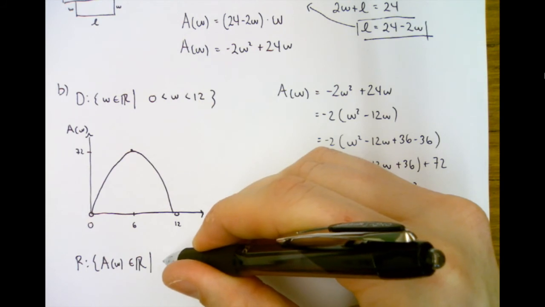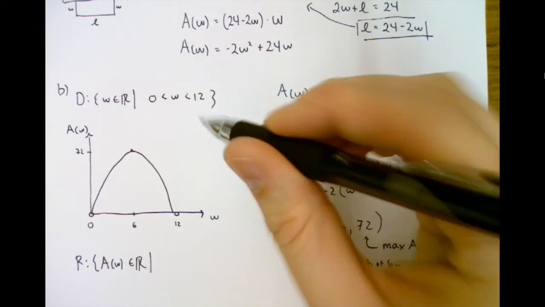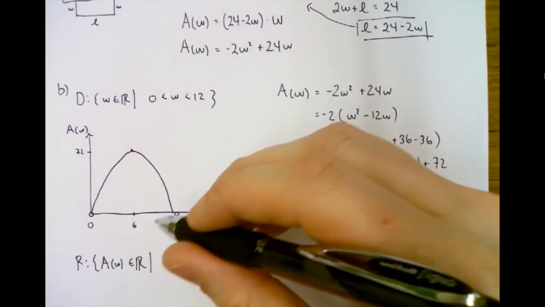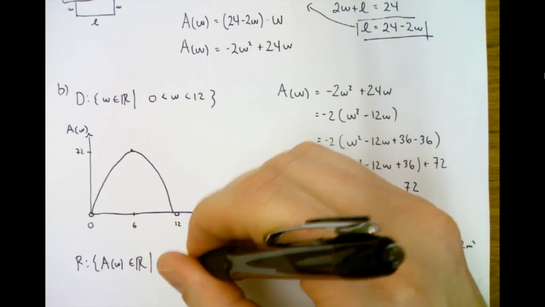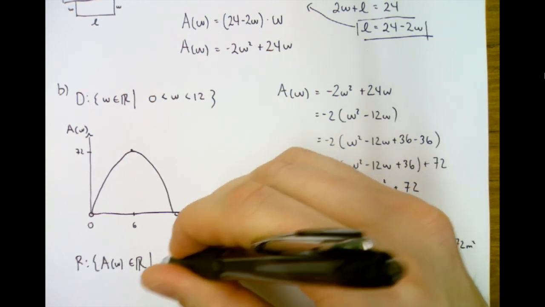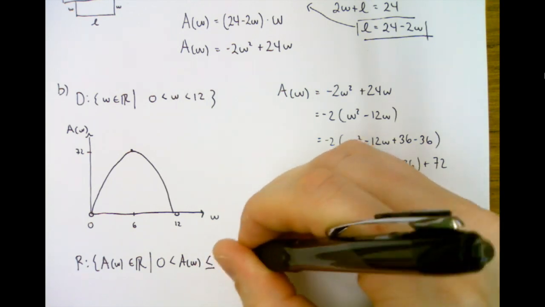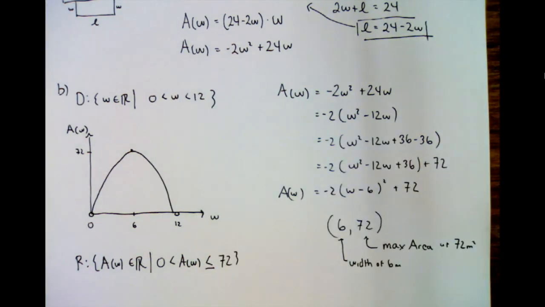Not including 0? It is including 0. That's a little tricky. No, it's not including 0 because we don't have a 0 width or a 0 length. So we have a restriction there. So area has to be bigger than 0, but less than or equal to 72, because we can equal the maximum, and we do that when the width is 6.